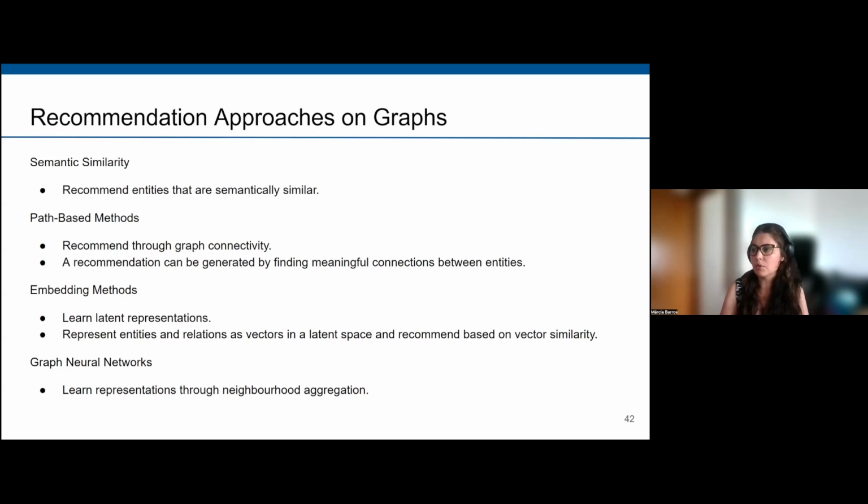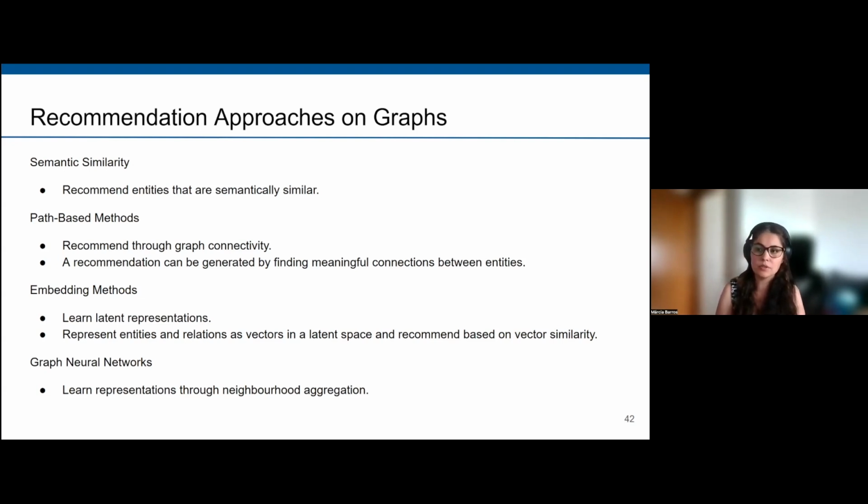Now, some recommendation approaches on graphs. I try to bring some different approaches that are currently being used. For example, we can use semantic similarity, very useful for content-based recommendation. The idea here is to recommend entities that are semantically similar. Of course, for these approaches, we need to have an ontology, a domain from a specific field, to actually calculate the semantic similarity.